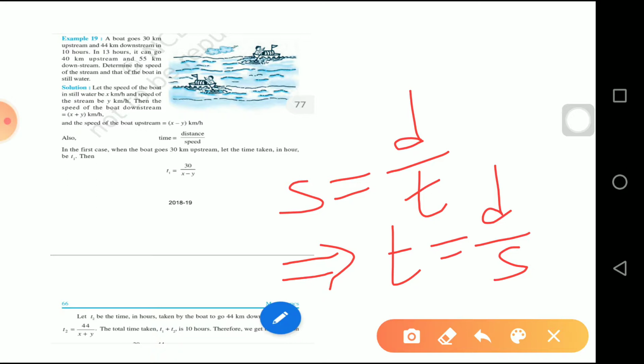Now we suppose the speed of boat in still water is x km per hour. In still water, the speed of boat is x km per hour.